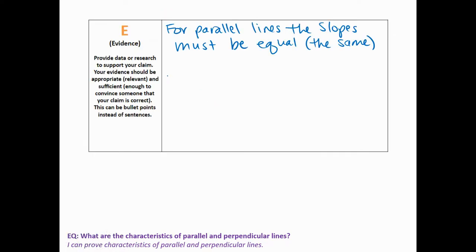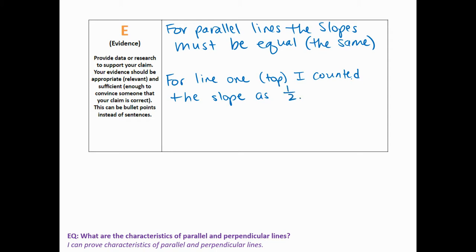So for line one, this is the top line, I counted the slope. So it's giving your evidence. I counted the slope as 1/2.